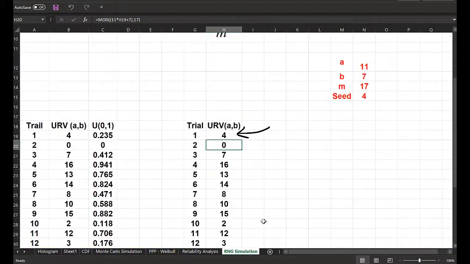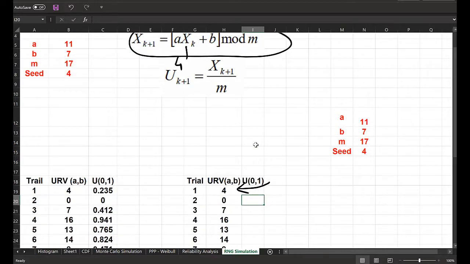Now we can calculate again a uniform random number between 0 and 1. What is the algorithm? That is xk plus 1 divided by m.